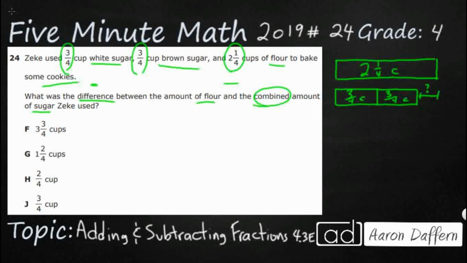What's that difference? So let's start with combining our 2 sugars. So we've got 3/4 cup, 3/4 cup. There's a few different ways we can do that. We can just add like this. I'll also show you how it works on a picture. So if we wanted to take, let's just do circles.